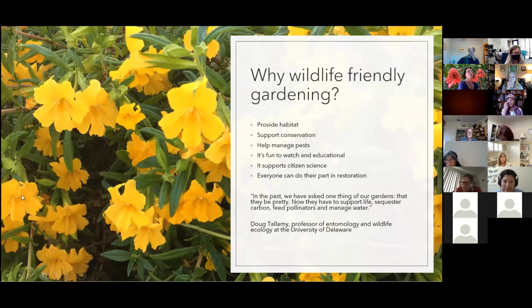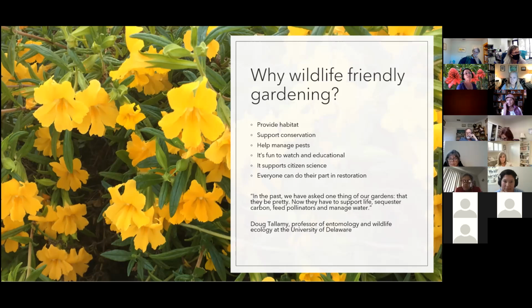Why wildlife friendly gardening? So there's a lot of benefits. It provides habitat for those native wildlife species, and therefore by having those native wildlife and plant species, we can support conservation like Ron mentioned. But it also helps us manage pests, and it can be fun and educational, especially if you garden with children or if you like to observe wildlife in your garden.